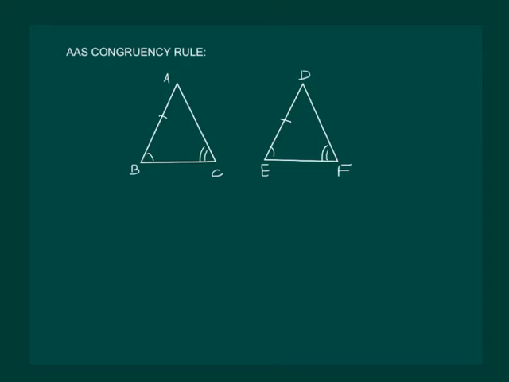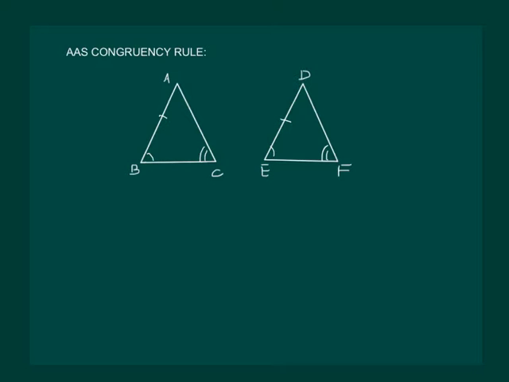Then we can see that the side is not included between the corresponding equal pair of angles. That means it is not the included side BC and EF. So let us see if in this condition the triangles are congruent.